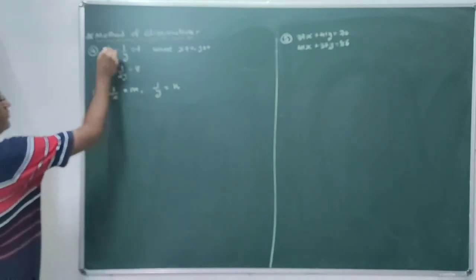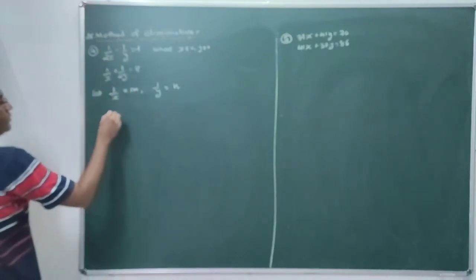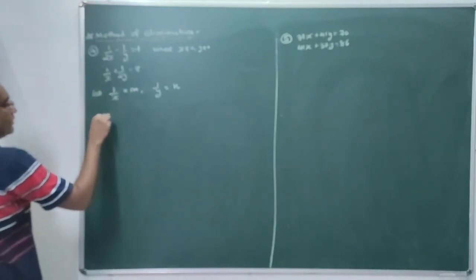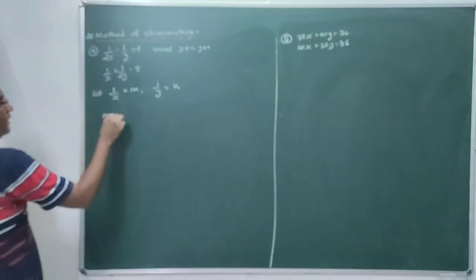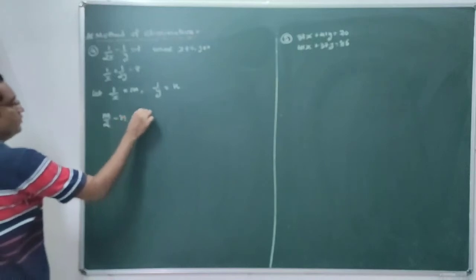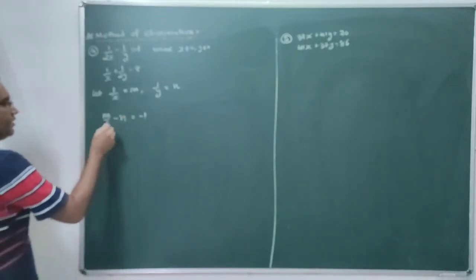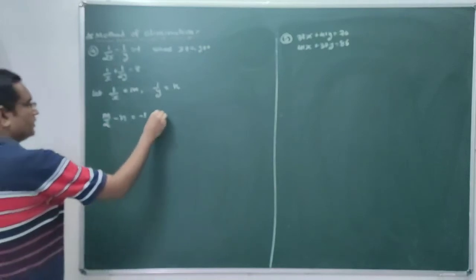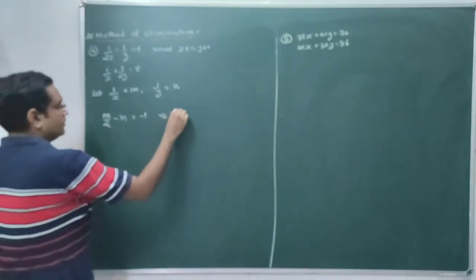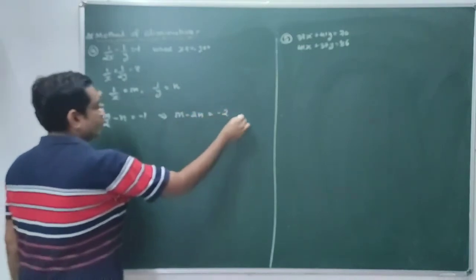So now 1 upon 2x, so 1 upon x is nothing but m. So equation 1 can be written as m by 2 minus 1 upon y, which is n, equal to minus 1. So multiply this equation on both sides by 2. So this is nothing but m minus 2n equal to minus 2.